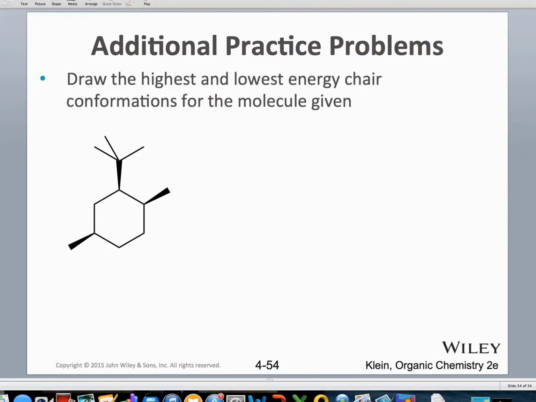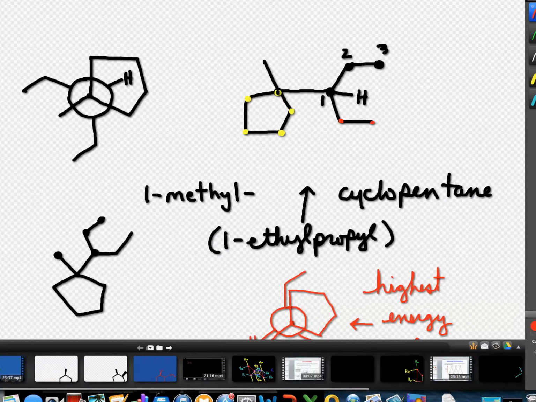This one's a bit more interesting because now we have a trisubstituted cyclohexane ring where we have 1-tert-butyl, 2,5-dimethyl cyclohexane. So this one's just a degree more difficult than previous ones that we have seen.